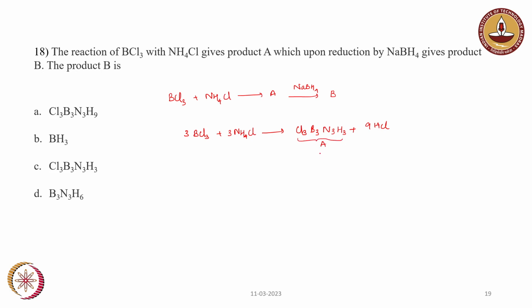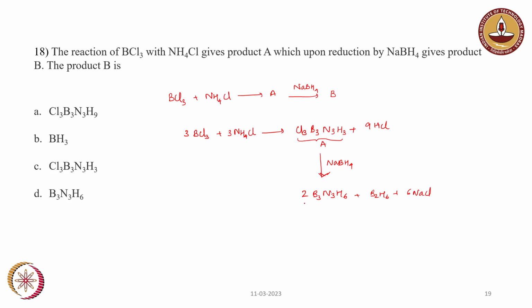This on reduction will give borazine, B3N3H6, along with B2H6 and 6NaCl.